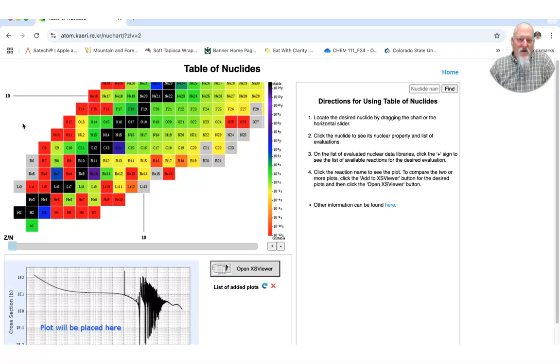Remember, the vertical axis was the number of protons, the atomic number. So we can see this at the low end here where Z is 1. These are hydrogen isotopes. Remember, H-1, or hydrogen 1, is the name plus the mass number.